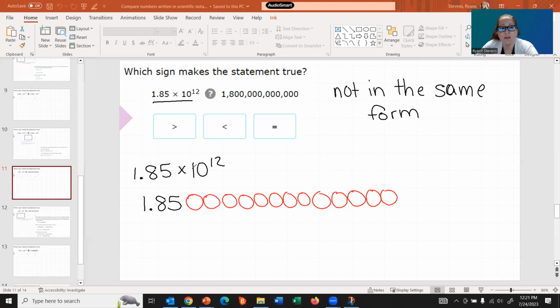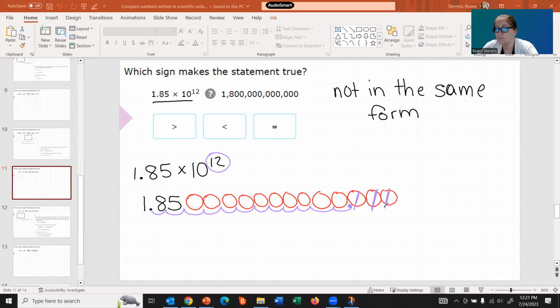Okay. And then what we're going to do is take this decimal, and this exponent is telling us how many places we're going to move it. Since it's positive, we're going to move this decimal to the right, making it a very large number. So 1, 2, 3, 4, 5, 6, 7, 8, 9, 10, 11, 12 places. And notice I did add too many zeros, so I can just get rid of these.